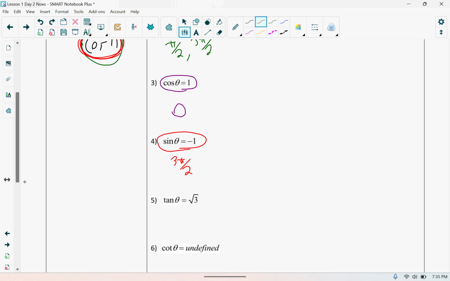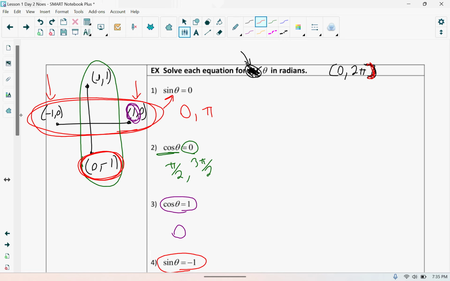Ooh, so this is tricky. Okay, so we have tangent of theta equals square root of 3. So think about what you know. That's going to be a 60-degree reference angle, or pi over 3. And I'm looking where tangent's positive. So let's go back up here. Tangent's positive in quadrant 1 and quadrant 3.